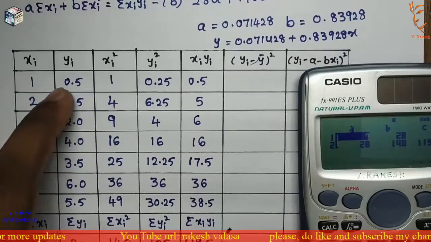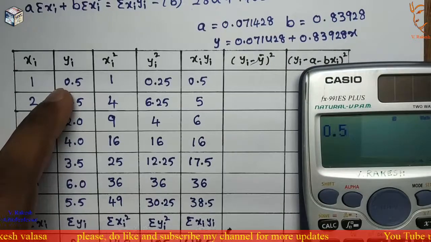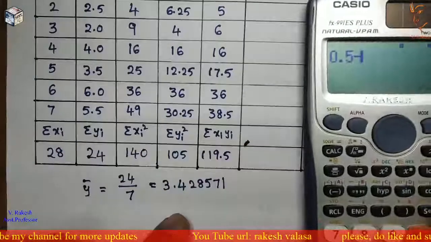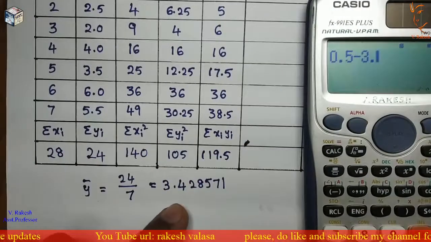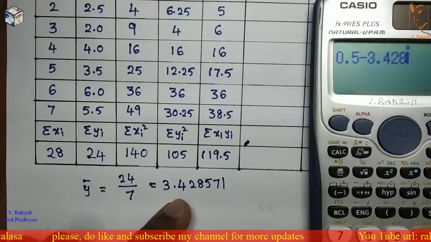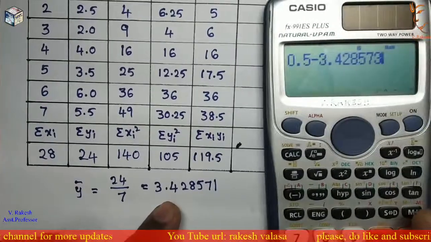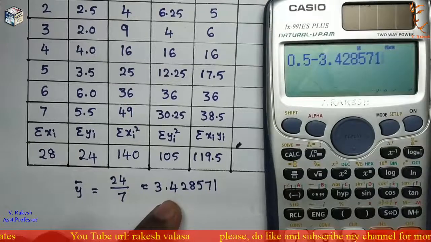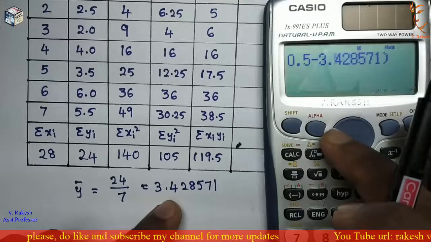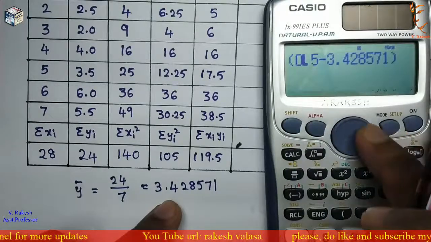Yi means 0.5 minus y bar, 3.428571, whole square.